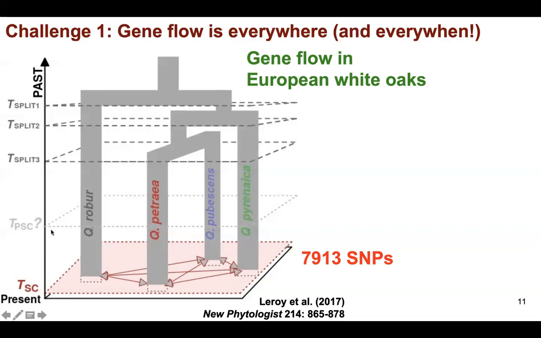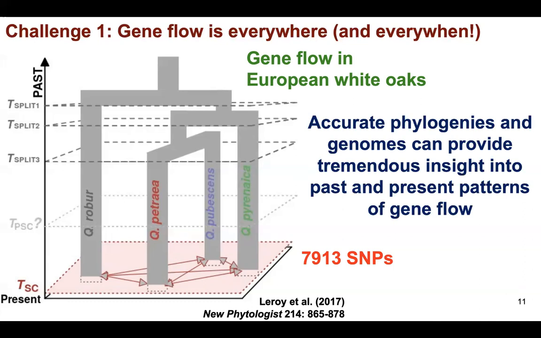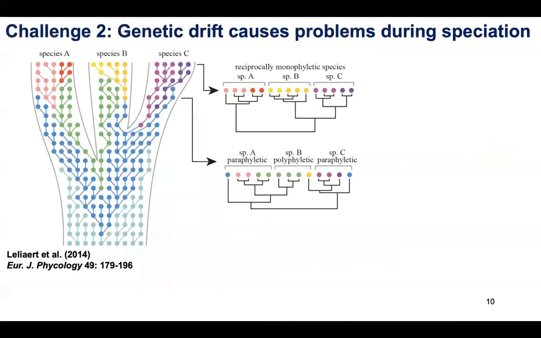They weren't able to really determine exactly when that was, but there was evidence of earlier hybridization. And the point of all of this is that if you can get an accurate phylogeny, and if you have that genome sequence, it can provide a really large amount of insight into patterns of gene flow, past and present. So it's really very, very valuable information.